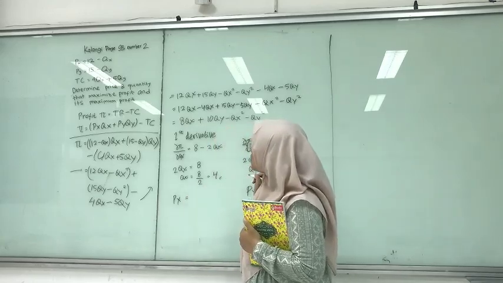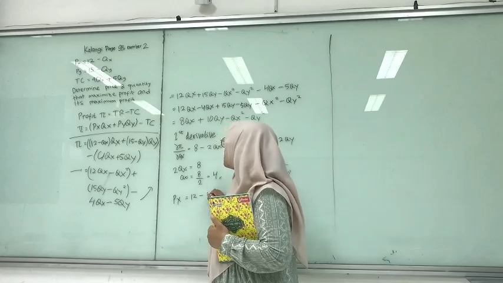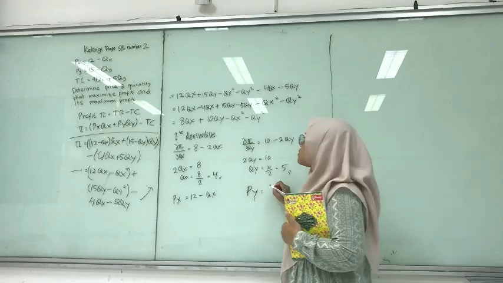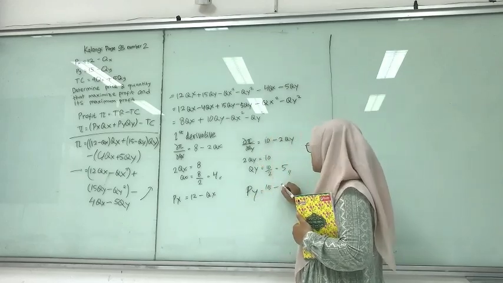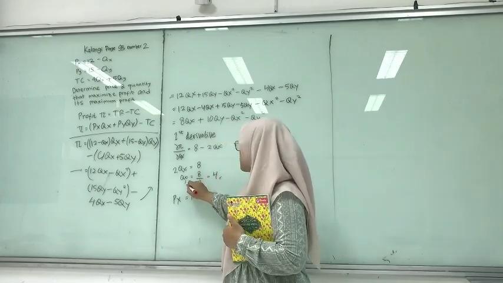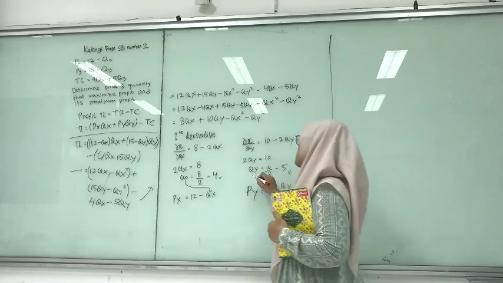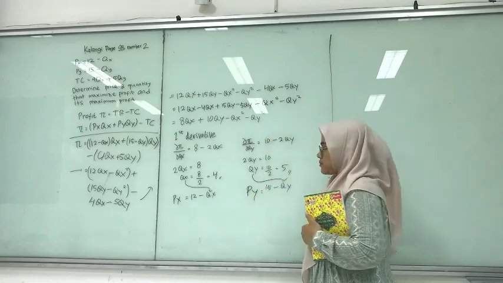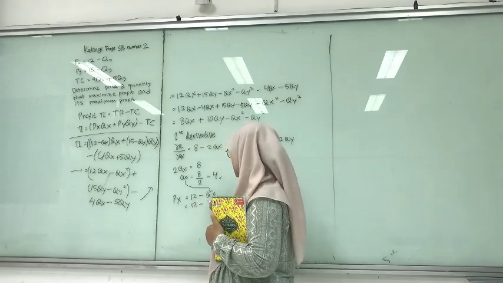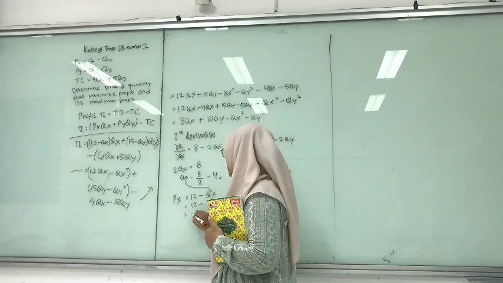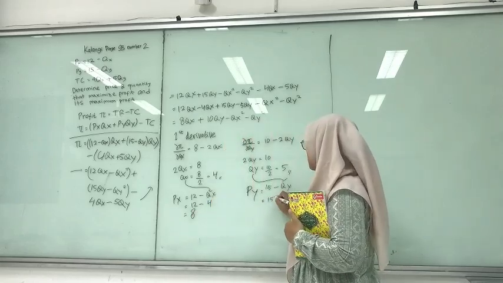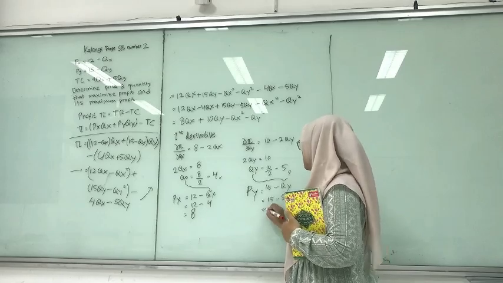Px is 12 minus Qx and Py is 15 minus Qy. Input Qx and Qy from before: 12 minus 4 equals 8 and 15 minus 5 equals 10.